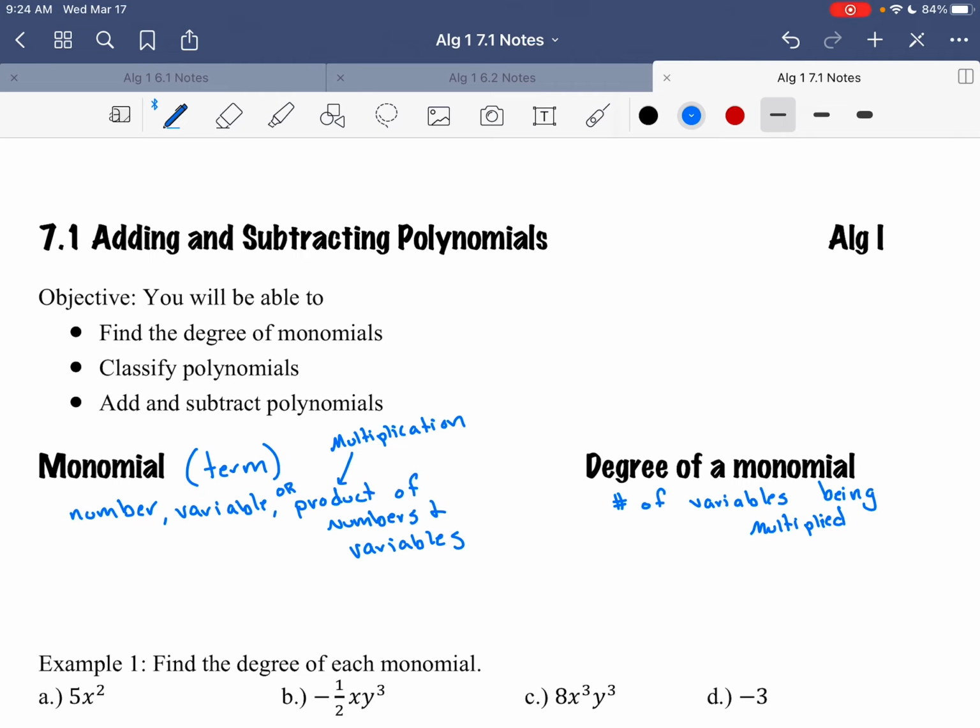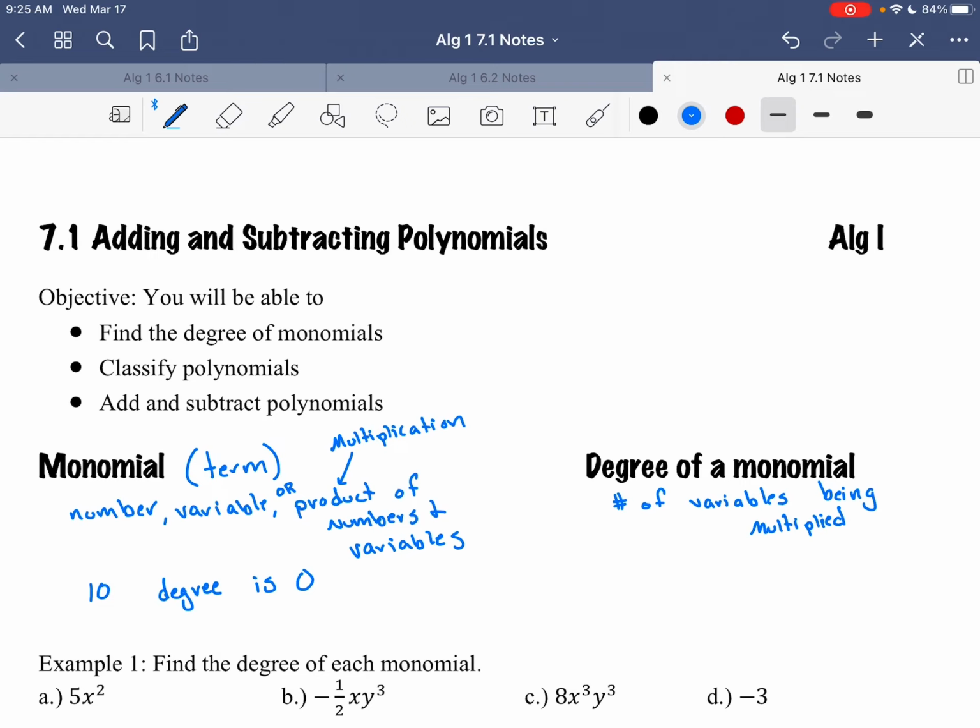I think it's going to be helpful to look at some examples of monomials and not monomials. For example, 10 is a monomial. It's just a number. The degree on that is 0 because there's no variables in that. Just straight up 10, degree would be 0.